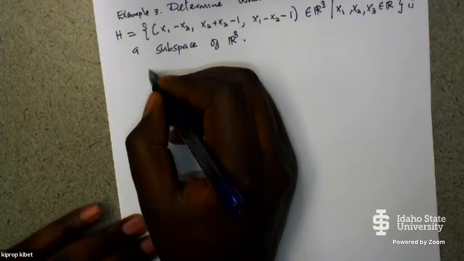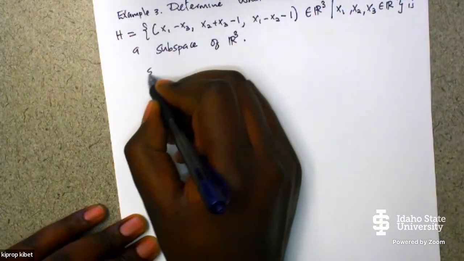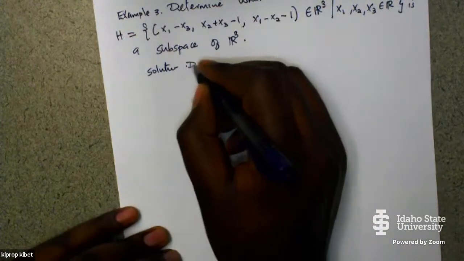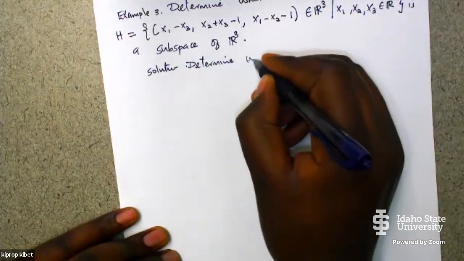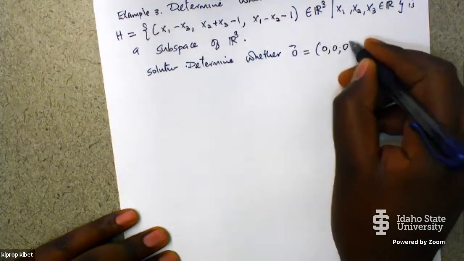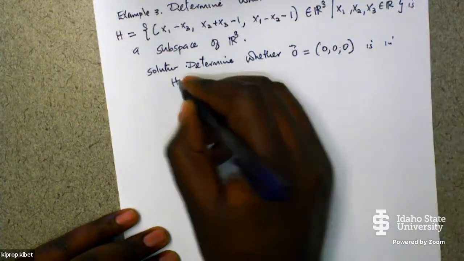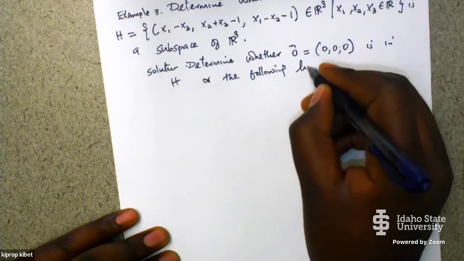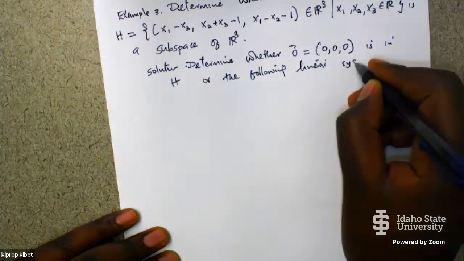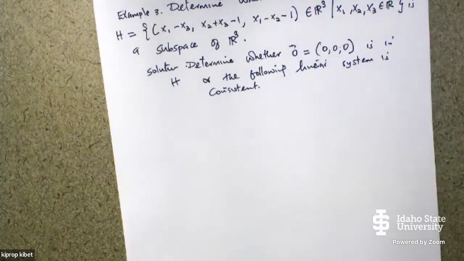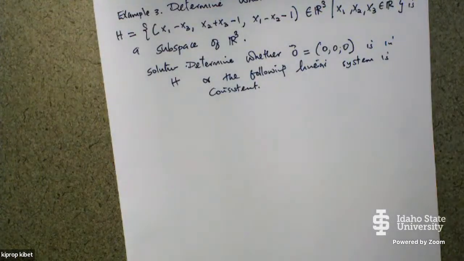So let's look at the solution. What we need to do is determine whether the zero vector 0, 0, 0 is in H, or whether the following linear system is consistent.